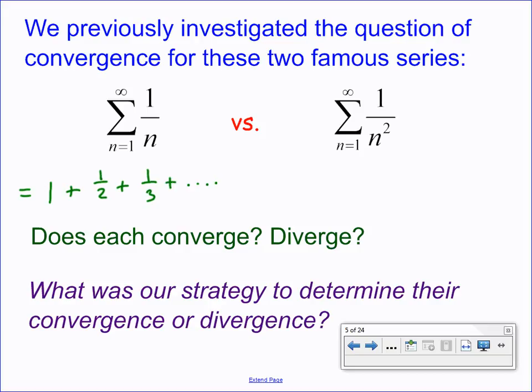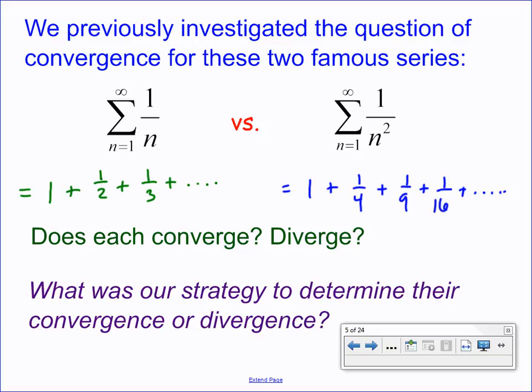Versus the sum from 1 to infinity of 1 over n squared, the sum of the reciprocal squares, also a famous series. A partial expansion would be 1 over 1 squared is 1, plus 1 over 2 squared is 1/4, plus 1 over 3 squared is 1/9, plus 1/16, and so on forever.